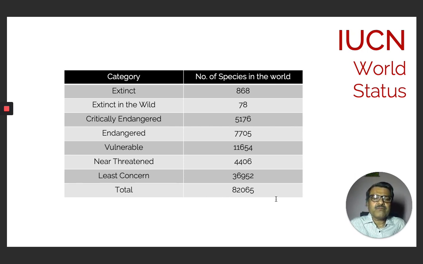Critically endangered 5176, endangered 7705 species, vulnerable 11,654 species, while 4,406 are near threatened and 36,952 species are least concern. In this way the total number is 82,065, but now this number has further increased to 1,12,000, and this data has already changed in recent years.